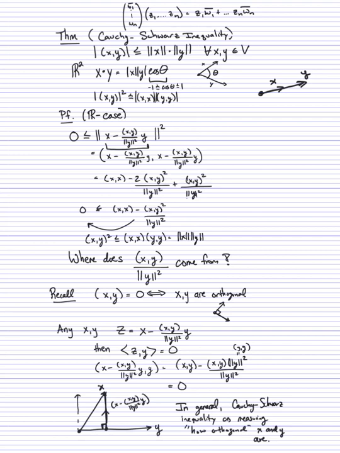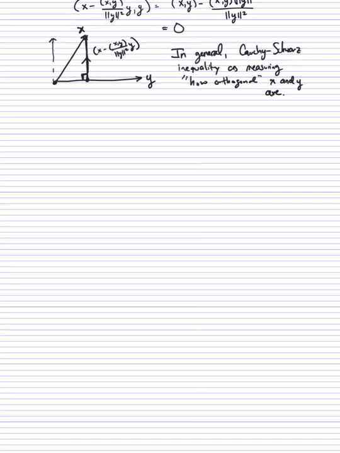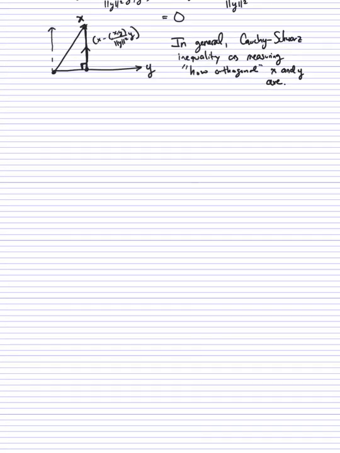If they're orthogonal, then the inner product is 0, so this is just the norm of x times the norm of y. In some sense, that's the largest it can possibly be. So that's what this inequality is really measuring in the general inner product space.